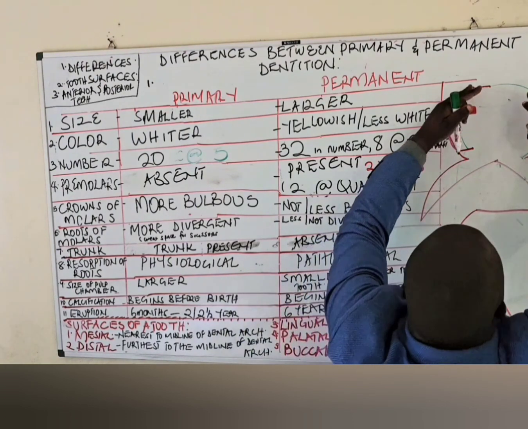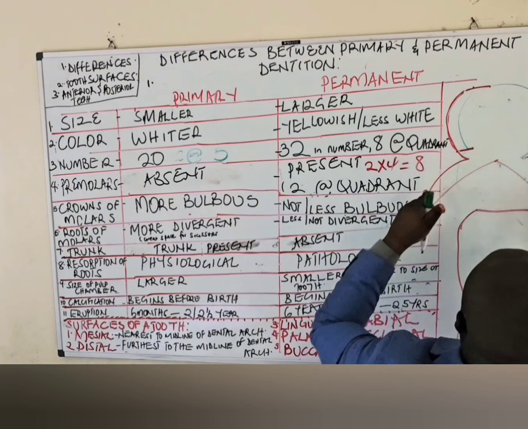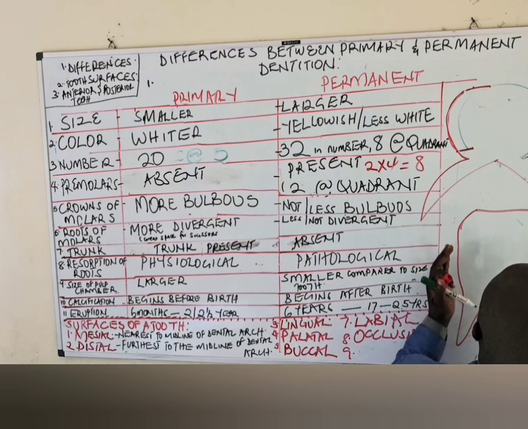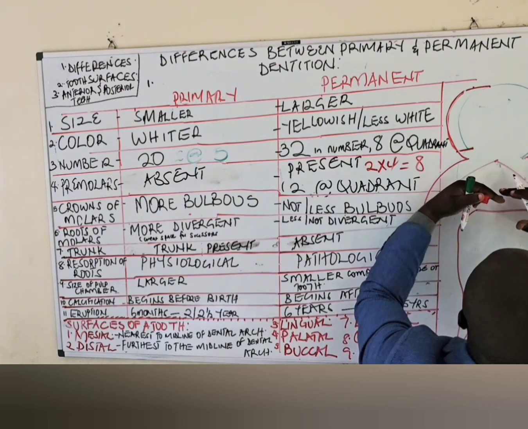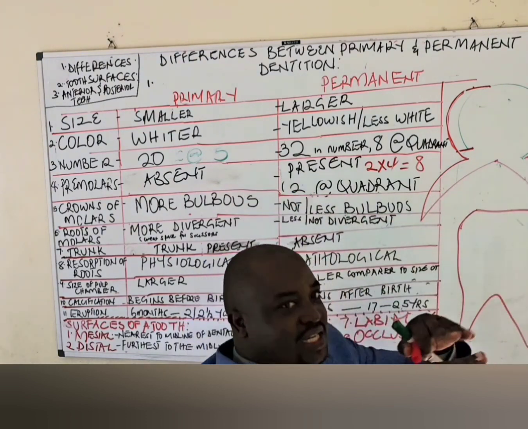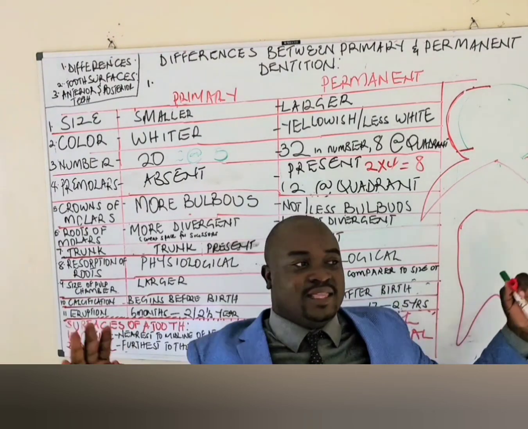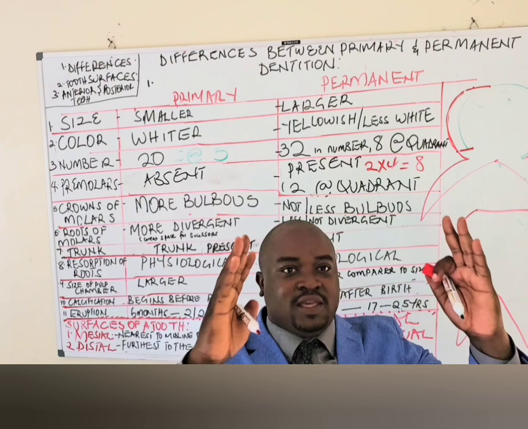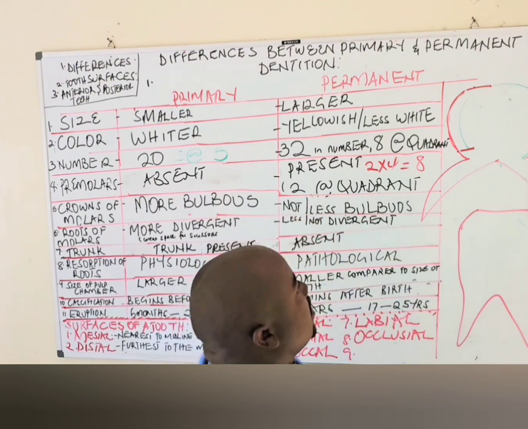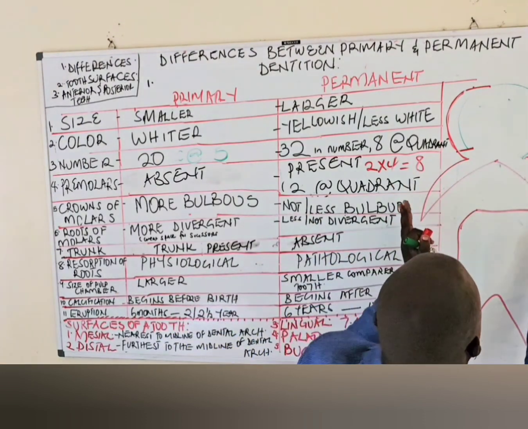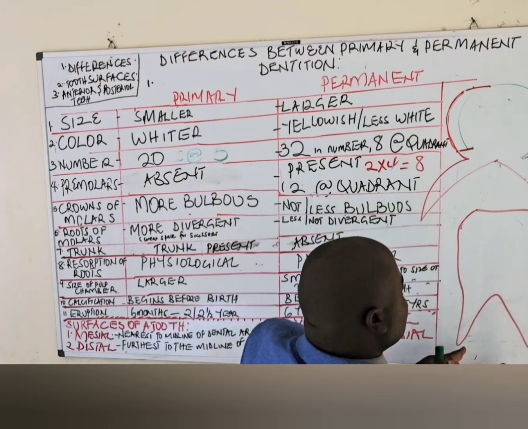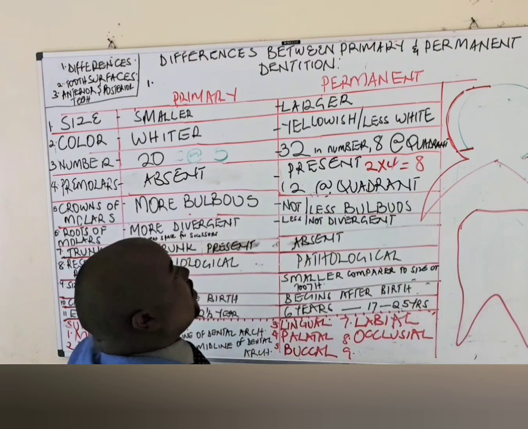So the crown is bulbous and the roots are divergent. They are divergent because another permanent tooth is coming to fit in this position. So it is divergent in order to allow the permanent tooth, which is bigger in size, to come into its position. Whereas for the permanent tooth, they are not divergent, they are just straight into the alveolar bone.